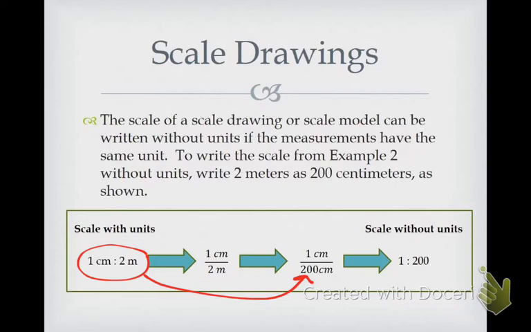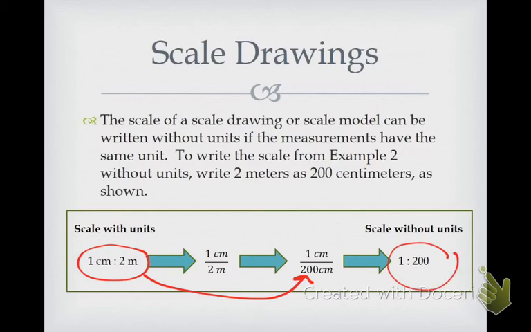In this case, is centimeters bigger or is meters bigger? Meters is bigger, so I'm going to convert meters down to centimeters. How many centimeters are in a meter? 100. So how many centimeters are in 2 meters? 200. So that's where I get 1 centimeter over 200 centimeters. Now that it's written in the same unit, top and bottom, I can drop it and just write the scale.